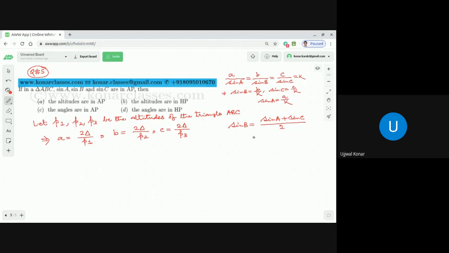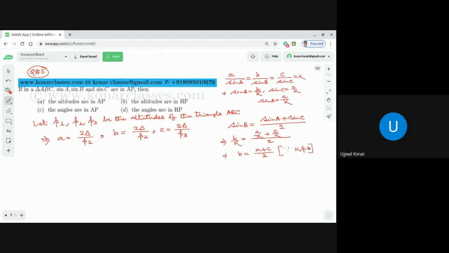Now if we apply this, sine B, which is b by k, is equal to (a by k plus c by k) divided by 2. So that implies b is equal to (a plus c) by 2, since k is not equal to 0, dear students.